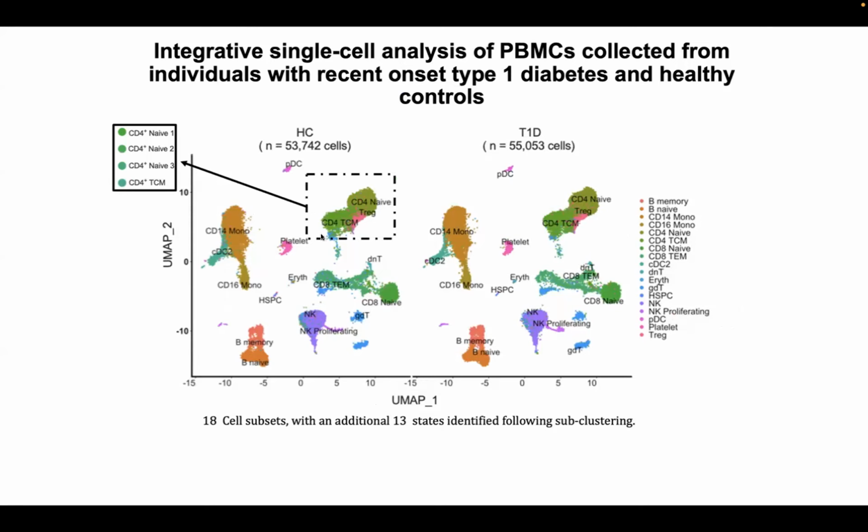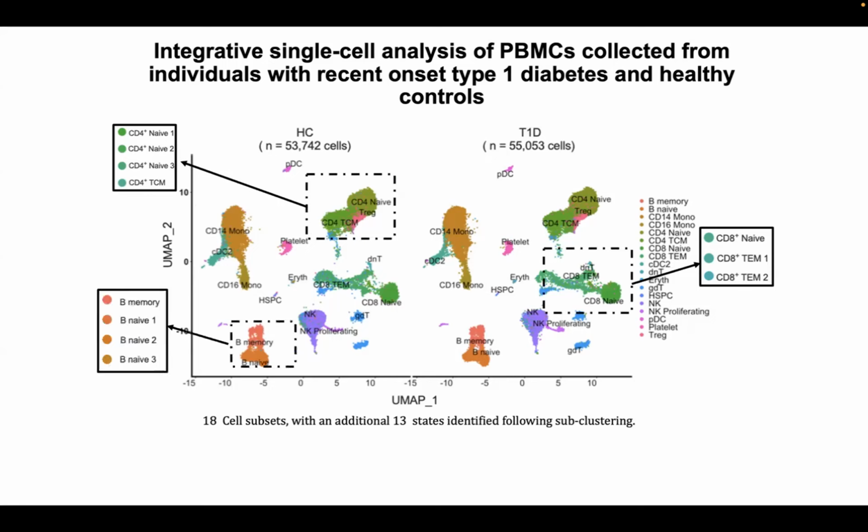For example, CD4 T cell here is considered one central memory cell and 3 subclusters from naive cell, and the CD8 has 1 naive cell and 2 subclusters from effector memory cell, and for B cell we have 1 from memory cell and 3 subclusters for B naive cell.